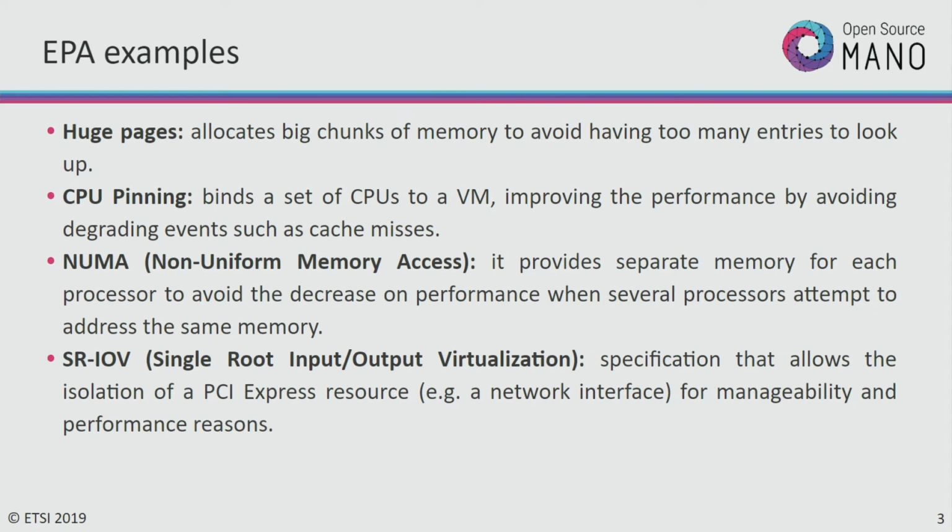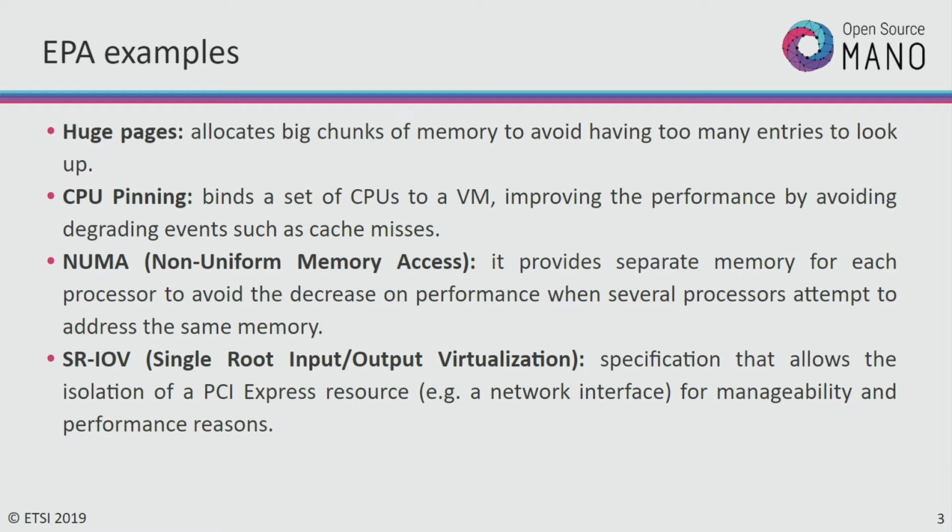So the most important EPA examples that we use in OSM are huge pages. That is the allocation of big chunks of memory, of RAM, to avoid having too many entries for the CPU to look up. So when you have a program running using RAM, as an example, you might use pages of 4 kilobytes.